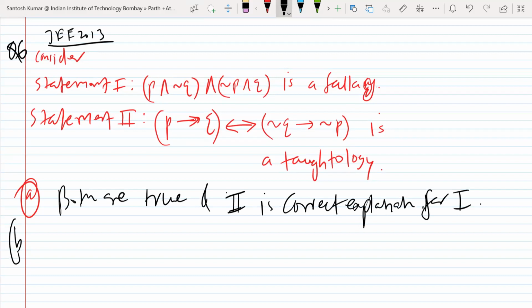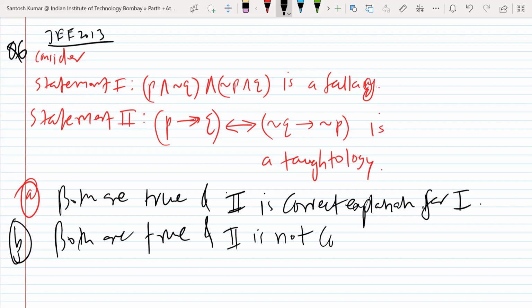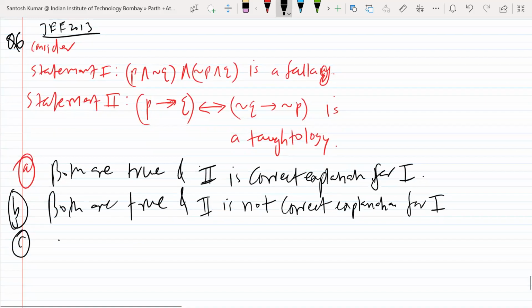Option B is: statement 1 is true, both are true, and statement 2 is not the correct explanation for statement 1. Option C is the third: 1 is true and 2 is false.